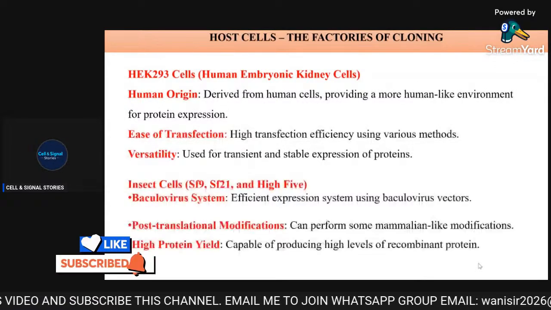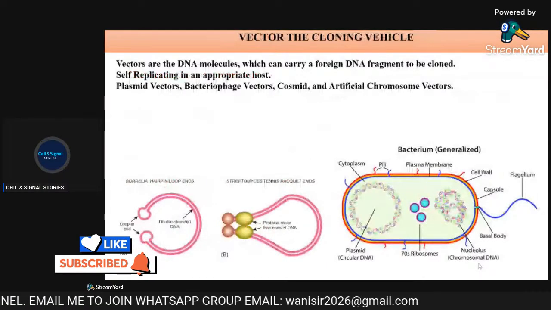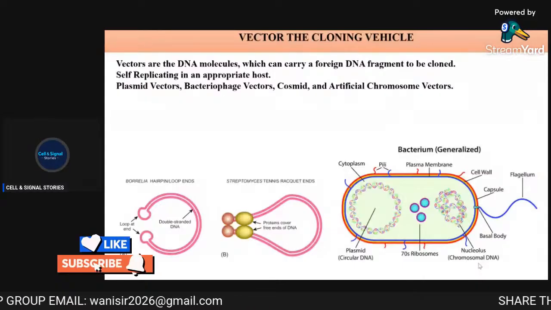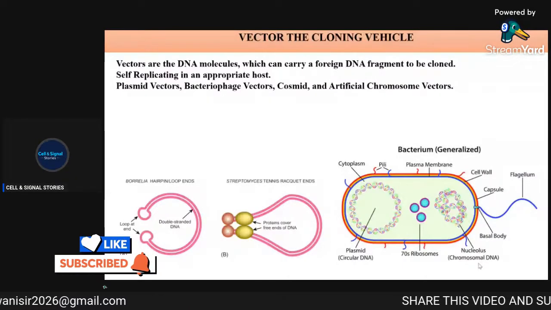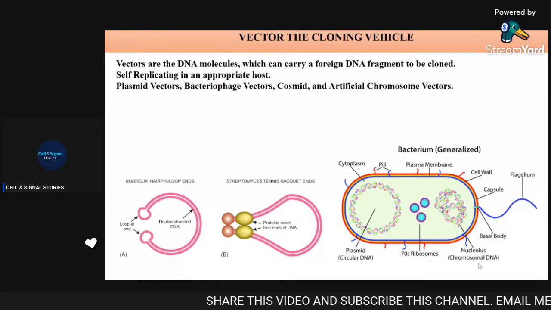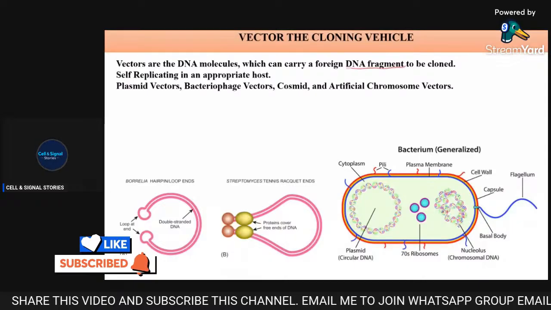Now this is the new topic, which is called vectors, and this is a very important topic, and you have to understand this. So first of all, we try to understand what vectors are. Vectors are the DNA molecules which carry the foreign DNA fragment, that means vectors carry the foreign DNA fragment to be cloned.